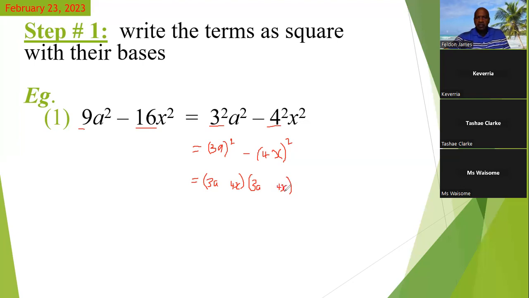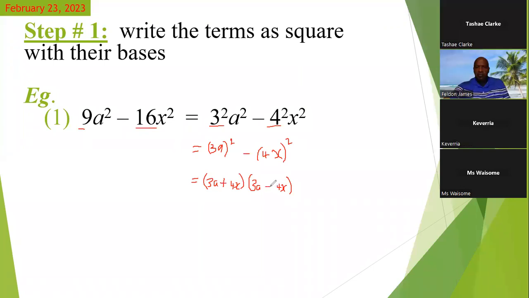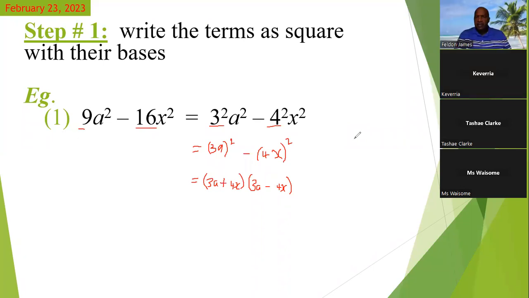And once you put in those bases, all that we need to do now is to put a plus sign in one of the brackets and a minus sign in the next one. So this one is a plus, and this one is a minus. Now, it doesn't matter which one you choose to put the plus or the minus. It still gives the same.